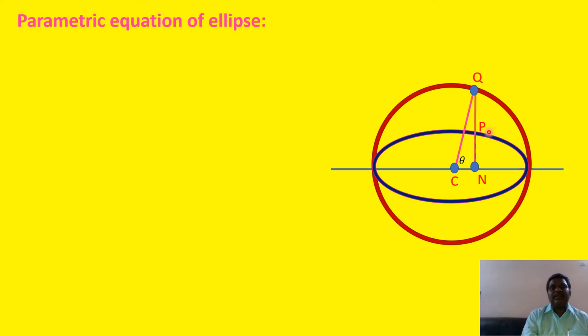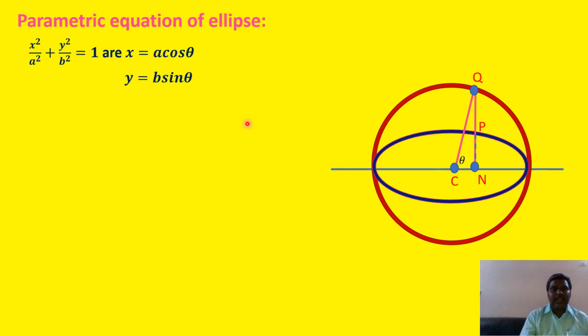Then the eccentric angle of point P is theta. Let theta be the eccentric angle of the point P of the ellipse. Then for x square by a square plus y square by b square equal to 1, the parametric equations are taken as x equals a cos theta, y equals b sin theta, where theta is the parameter and lies between 0 to 2 pi.